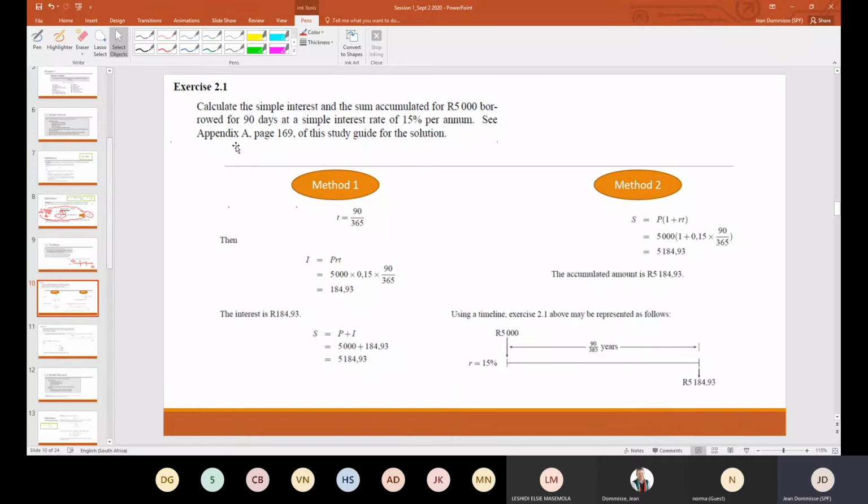They tell you it's 90 days. So when you get that, you know that your T is 90 over 365, so you can automatically write that down. How I normally do this is I look at my formula and say, okay, I need the P, I need the R, and I need the T. So I will need to see if I can get all of that. The T is 90 over 365.